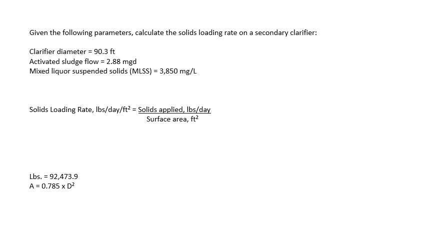That's going to give us 92,473.9 pounds a day. And then to solve for the area on the clarifier, it is 0.785 times the diameter squared, so 90.3 squared. That gives you an answer of 6,400.97 square feet.